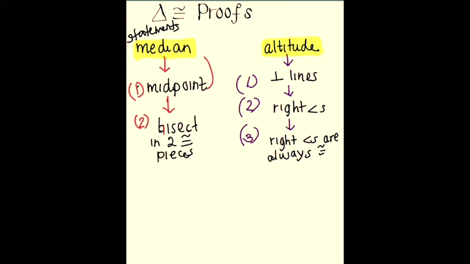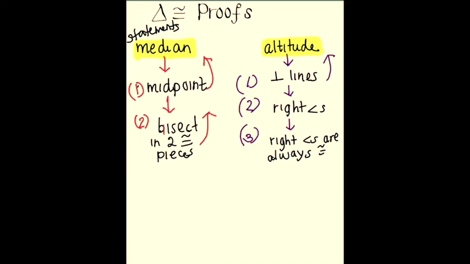And then once I say midpoint, I can say I knew that because of the definition of a median. Then my next statement will be about two pieces being congruent. And I could say that those two pieces are congruent because of the definition of a midpoint.